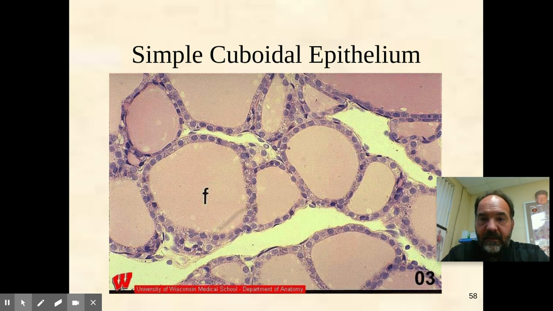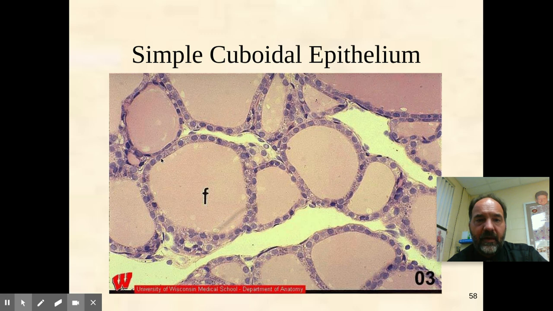This is the thyroid gland, where, once again, a gland is responsible for secretion. These cells secrete product into the lumen here. This lumen isn't completely clear, but it's filled up with material produced by these cells to be collected and moved around the body later.